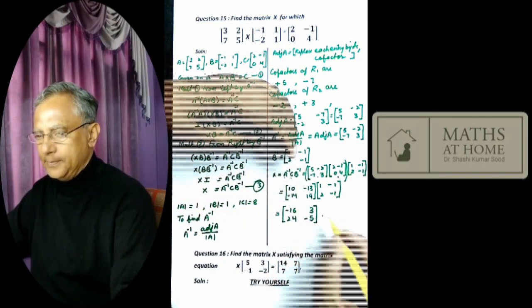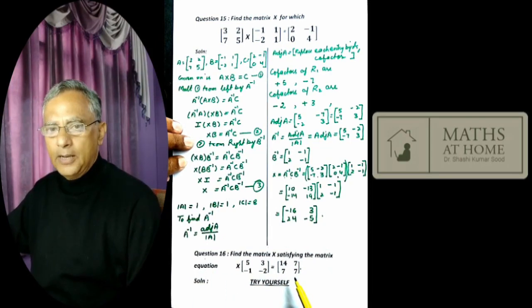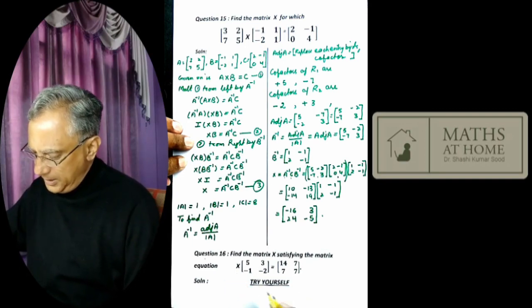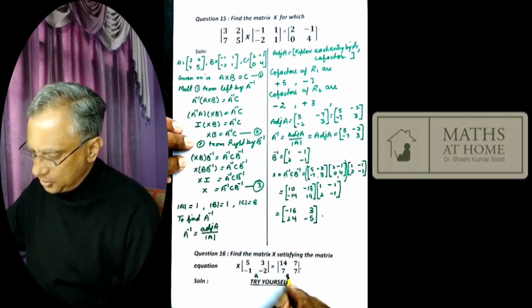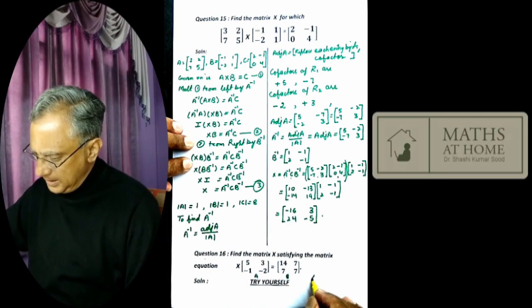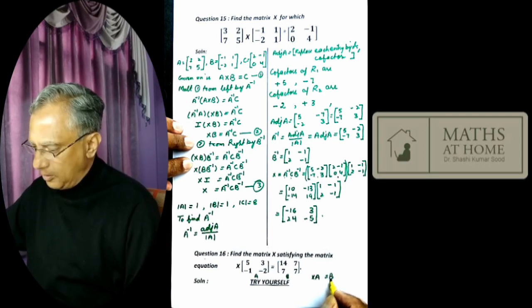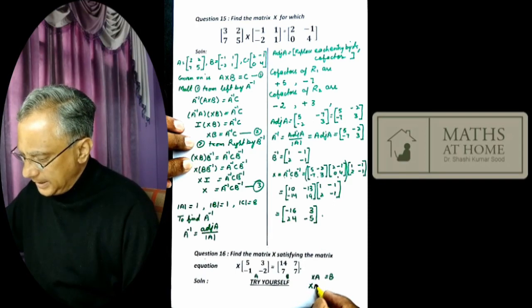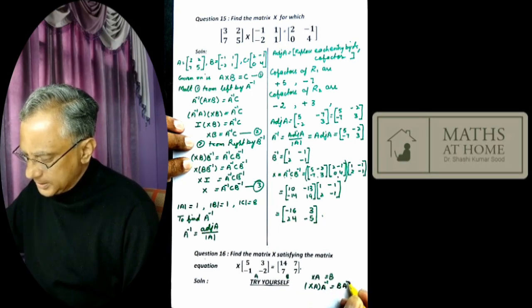Now this question you can try yourself. What you do is let this be A and this be B. So this equation will become XA is equal to B. Now multiply to the right by A inverse. We will get XA into A inverse will be equal to B into A inverse.